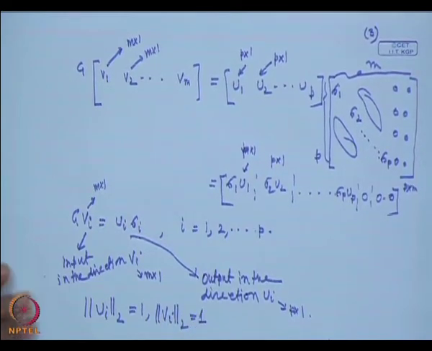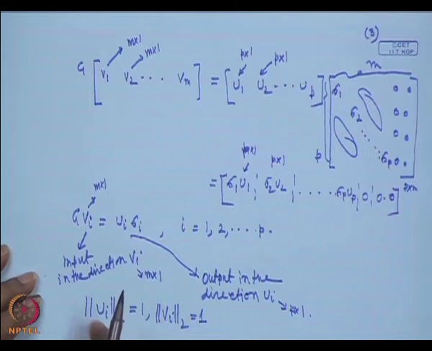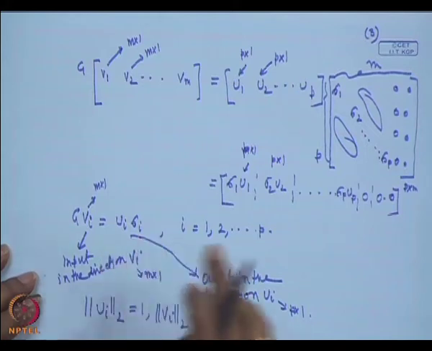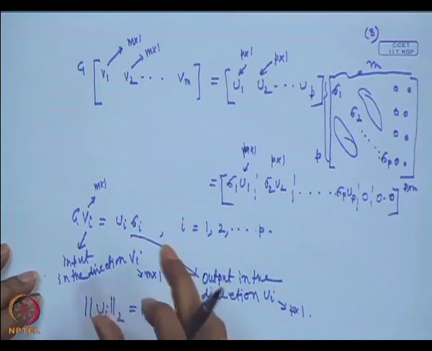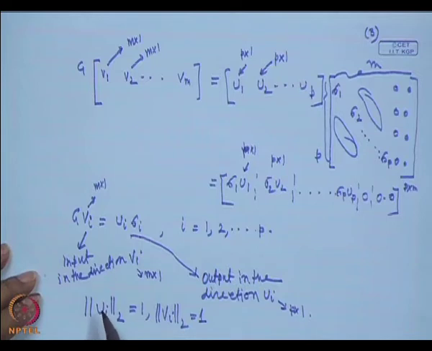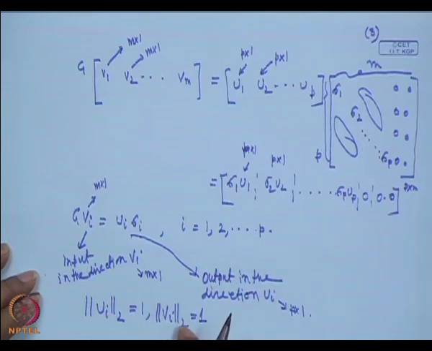The v i and u 1, u 2 and so on are columns of unitary matrices, and each has Euclidean norm equal to 1, because u 1, u 2, u 3 are the columns of our unitary matrix U, and V 1, V 2 are the columns of our unitary matrix V. So their two norms are equal to 1.